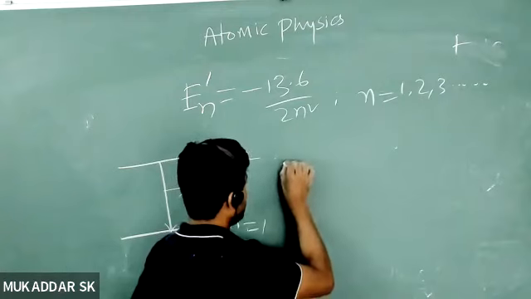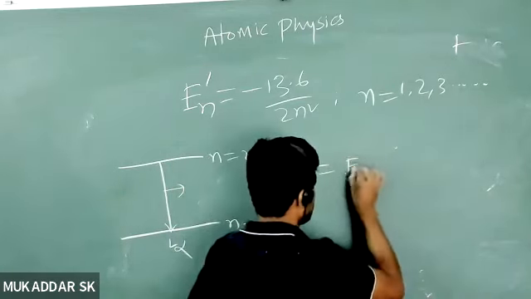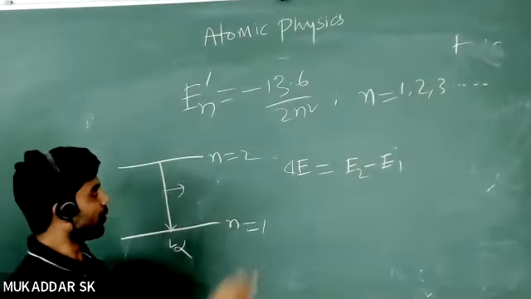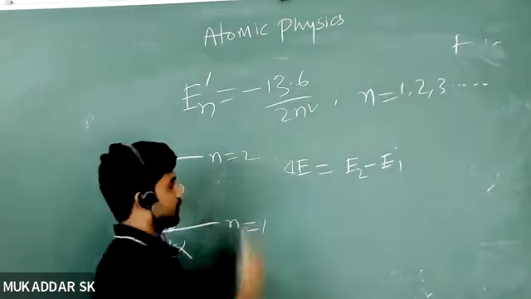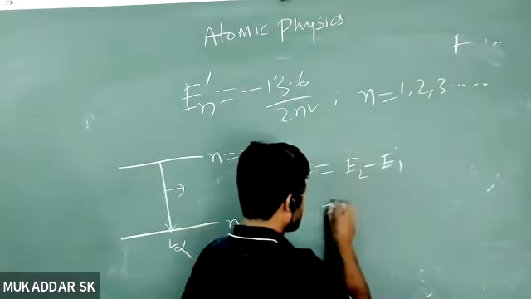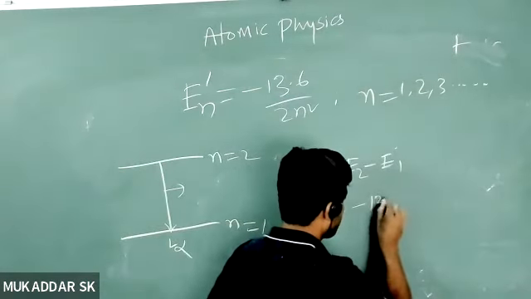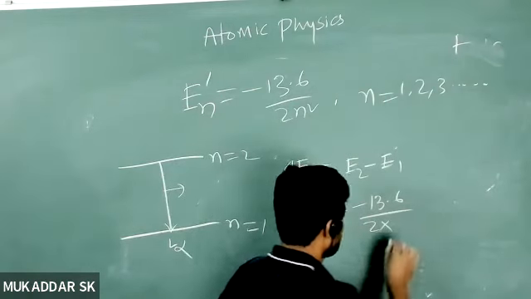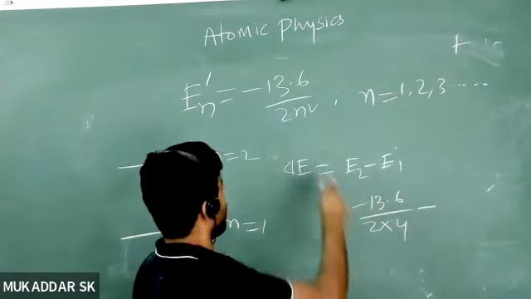The energy of this line, delta E, is nothing but E2 minus E1. From this expression we will calculate E2 and E1. E2 will be minus 13.6 divided by 2 times 2 square, meaning 4, and you have minus E1.